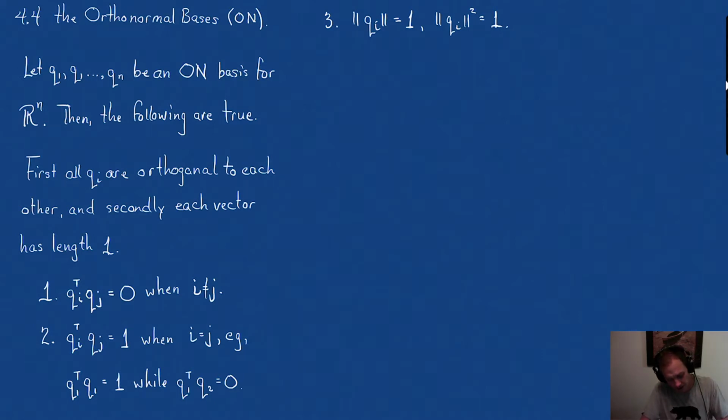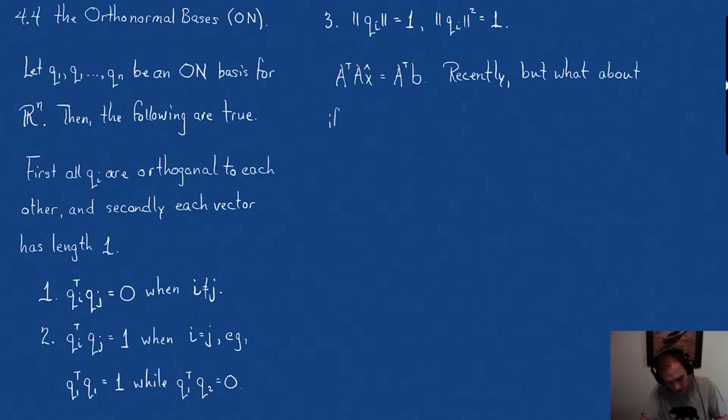So let's try this. For example, recently we were solving this problem A transpose A x hat equals A transpose B. Well, this is from our recent studies of projections, but what about if A equals Q?